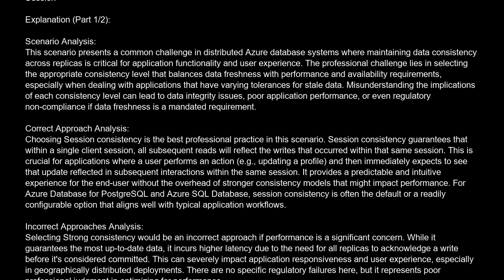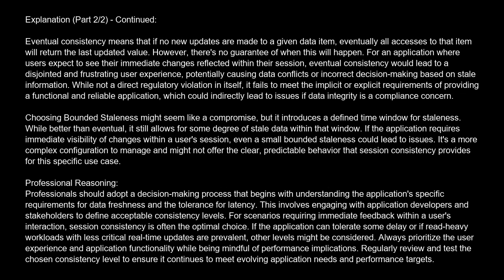Opting for eventual consistency would be professionally unacceptable for this application. Eventual consistency means that if no new updates are made to a given data item, eventually all accesses to that item will return the last updated value. However, there's no guarantee of when this will happen.